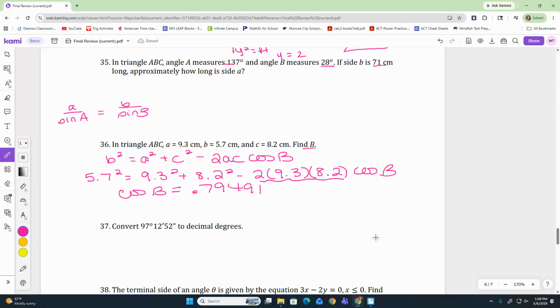That's too big for a triangle. So now all we have to do is cosine inverse. Make sure you're in degree mode so you get a degree answer. We get 37.35 degrees.